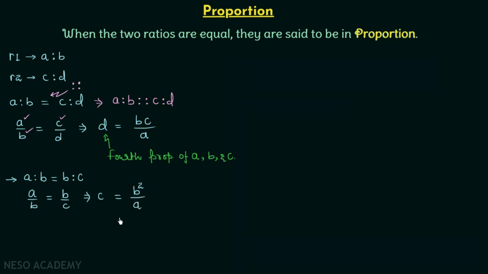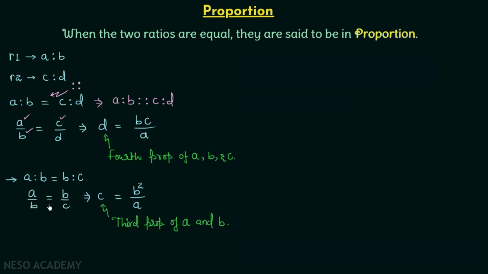So this is how we can find C, and C is known as the third proportion of A and B. So in this way we can find out the third proportion of A and B. Now what about B? If we know A and C, can we find out B? Yes, we can find out B from this.